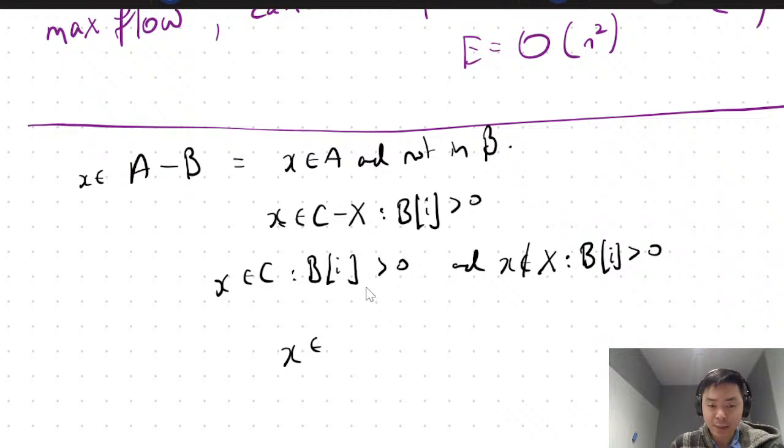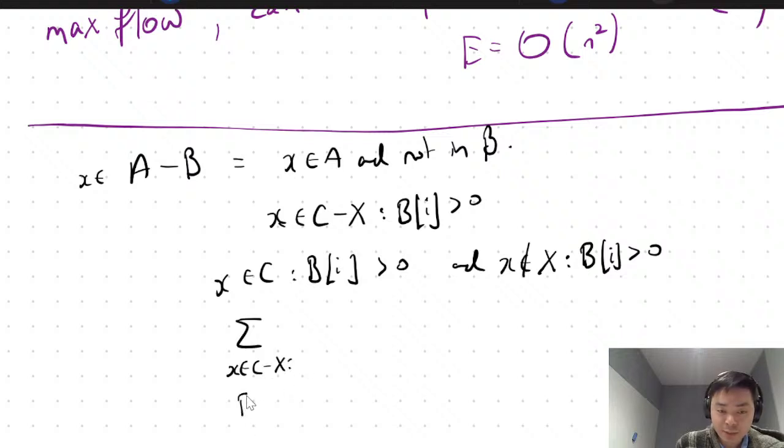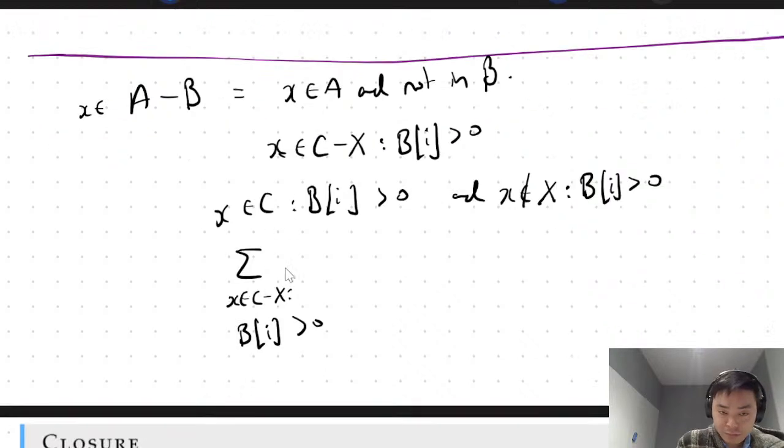So if we take the sum over all of the elements in C minus X, where I have positive benefit, then what I'm doing is looking at all of the courses with positive benefit first.